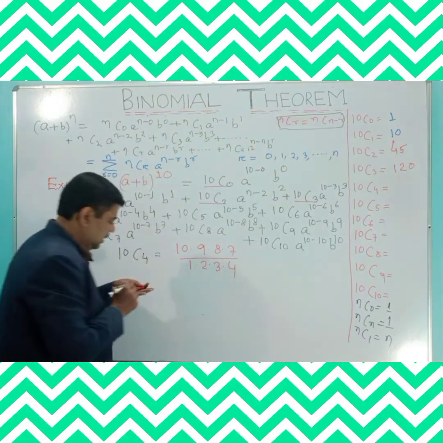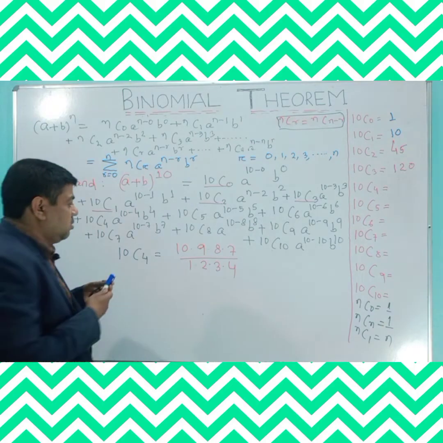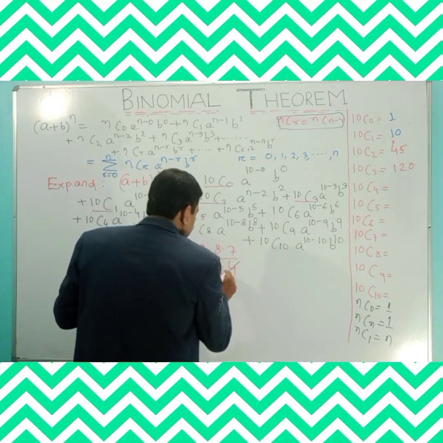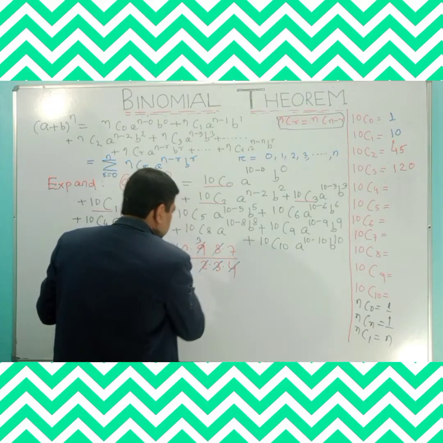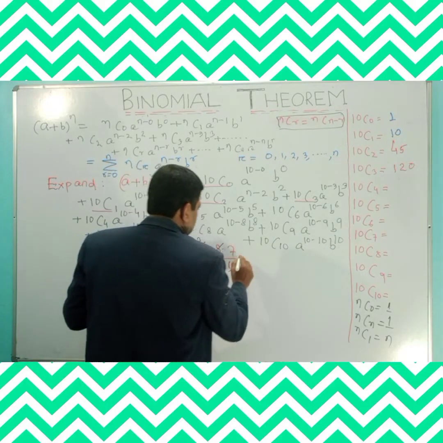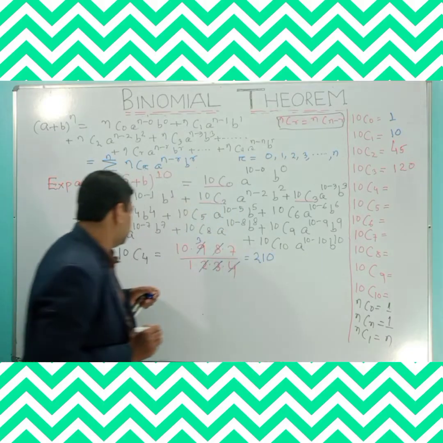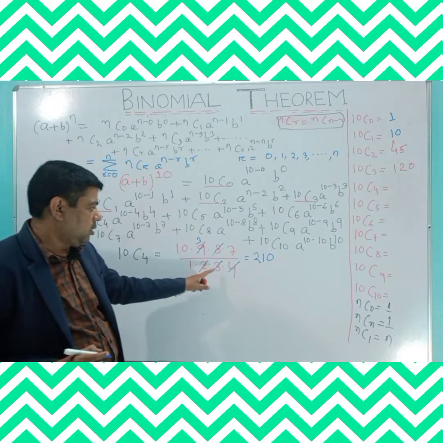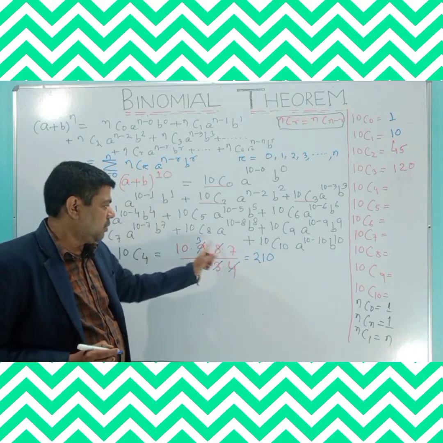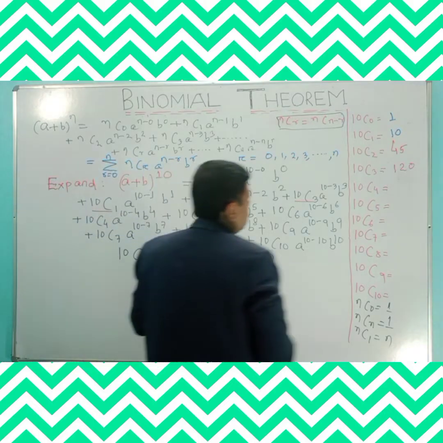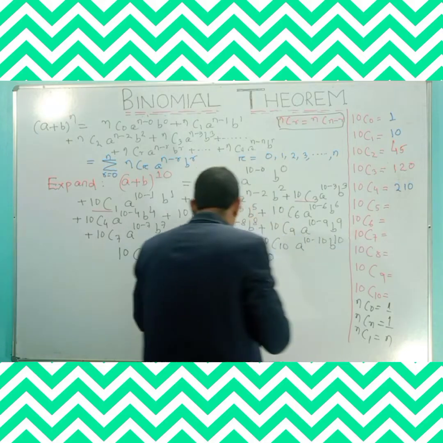After that you have to cancel. 2 4 is 8, cancel. 3 3 is 9, 7 3 is 21, 21 into 10, 210. So 210. Right.